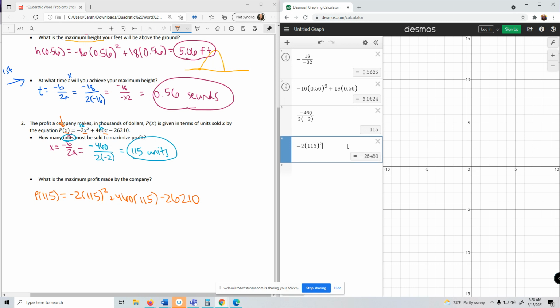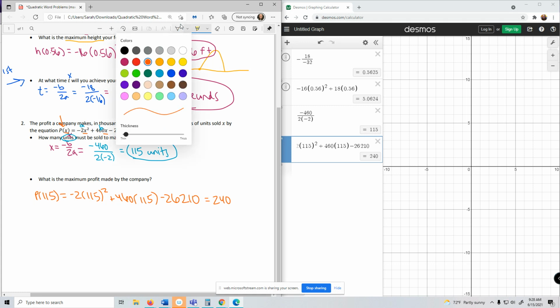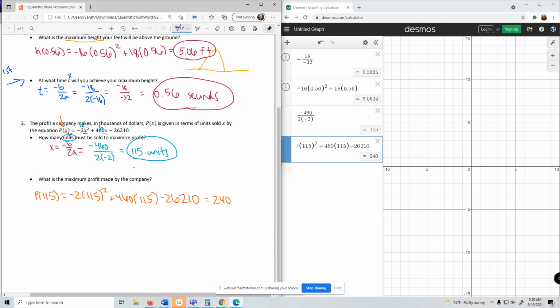I wouldn't really want to do 115 squared in my head if I didn't have to. And we get 240. This one's kind of tricky unit-wise, so let's take a look back at our problem. It is not just 240, it's $240,000. So your best answer here would be $240,000.